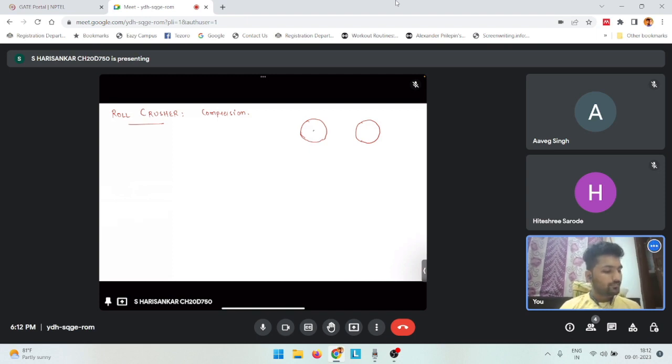You have two rolls which rotate at some pace, and let's say this is our feed particle.